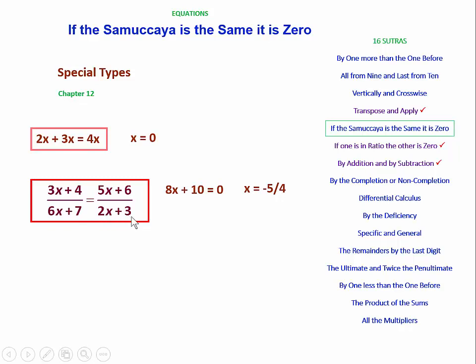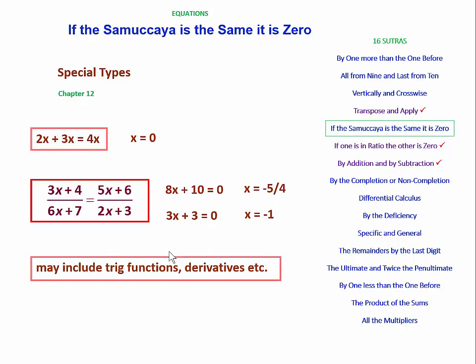The difference is 3x plus 3, and therefore 3x plus 3 is 0, and x is minus 1. And as I showed in a paper from a couple of years ago on Tirthaji's special cases, this type of equation also applies where we've got trig functions involved and derivatives and so on.